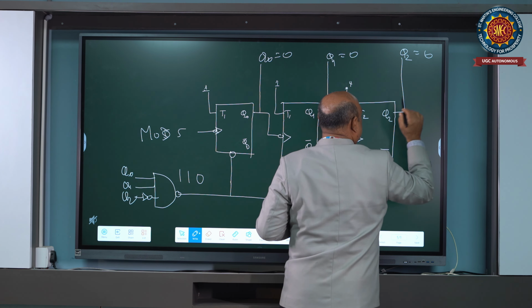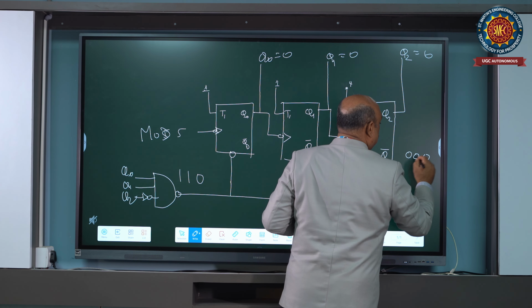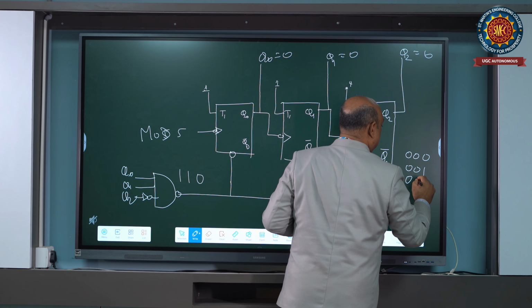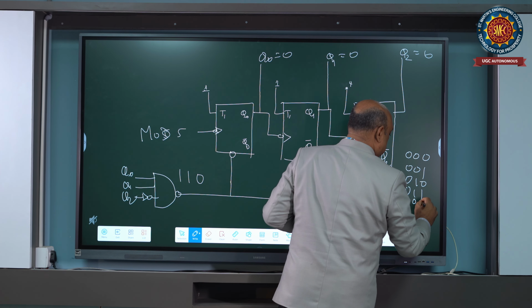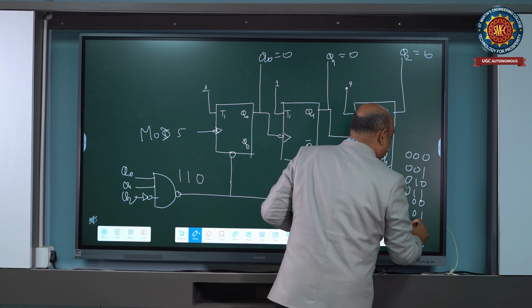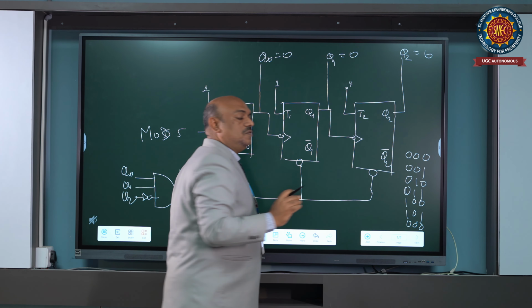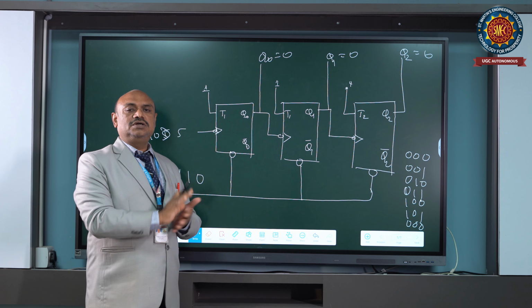Therefore, this counter will count 000, 001, 010, 011, 100, 101, and again 000. So this is the modulus counter.